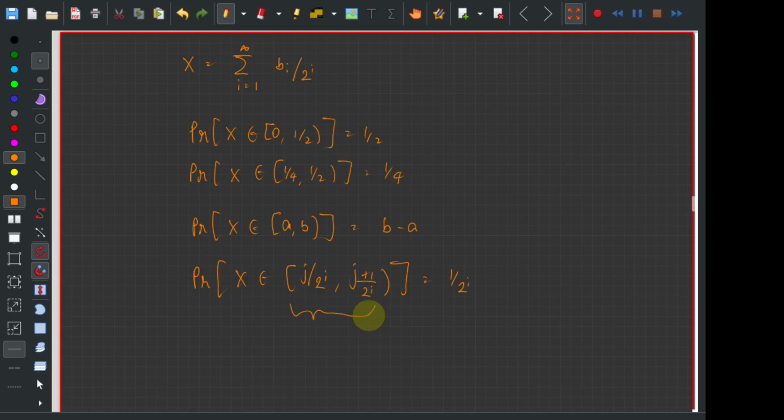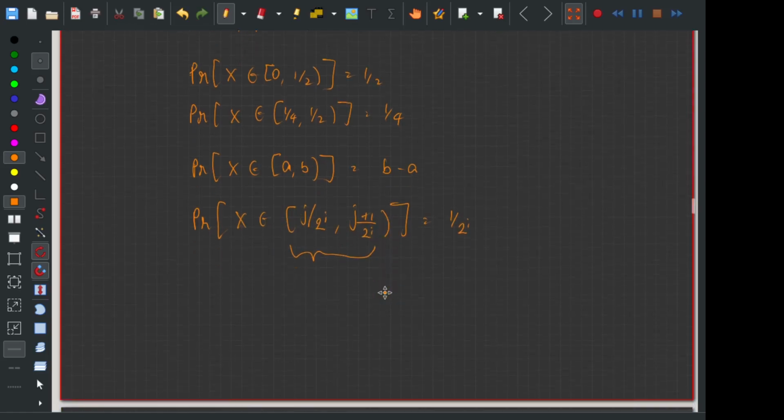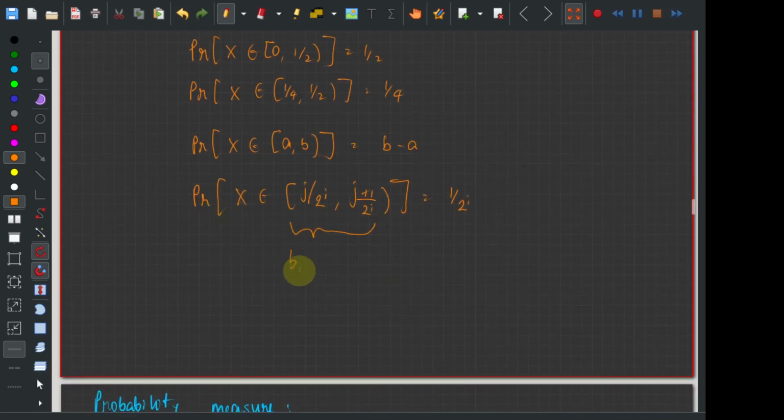So basically, you look at the first i tosses, the probability of getting one particular sequence would correspond to getting an x in this particular interval. Right. So this is some realization of b1, b2 up to bi. Correct. So no matter how large i is, I know the probability of this.